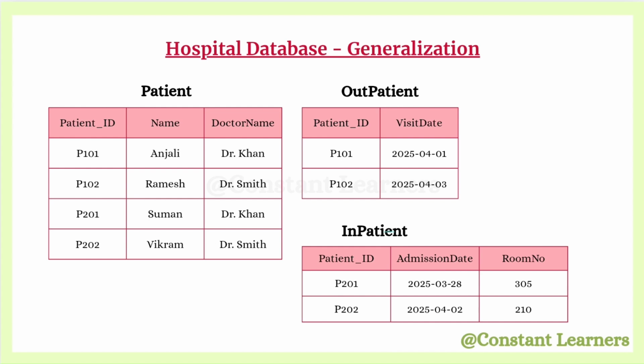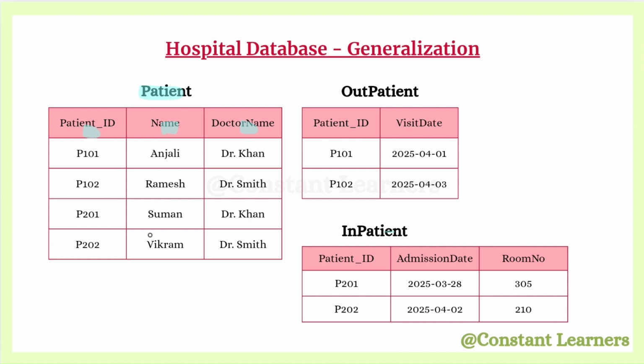What happens in generalization? We identify the common attributes across all the entities and create a shared parent entity. In this case, it is the patient, right? The common attributes, patient ID, name and doctor name have been merged into this simple single table, right? So one update affects all records.